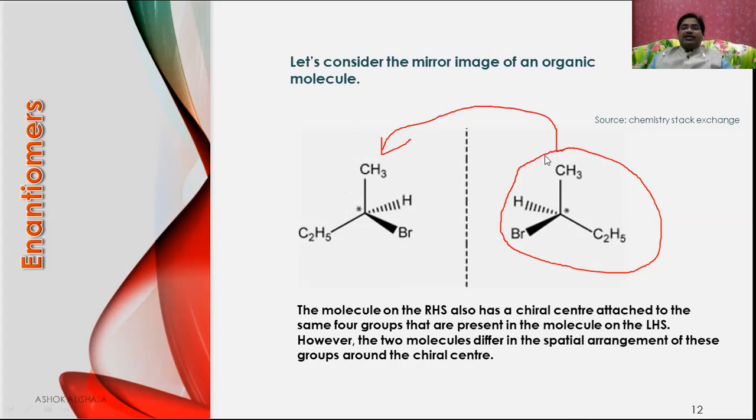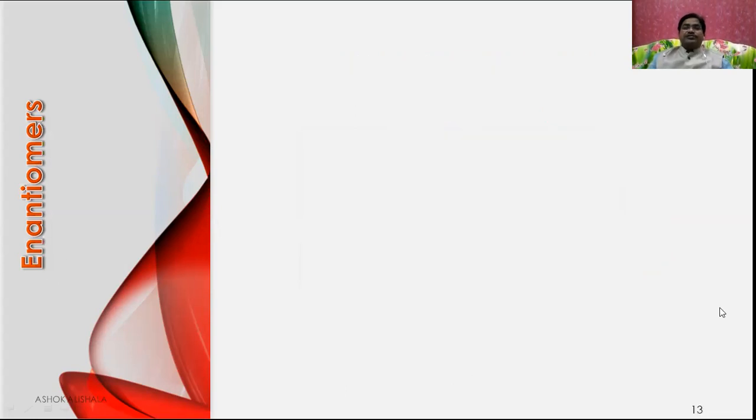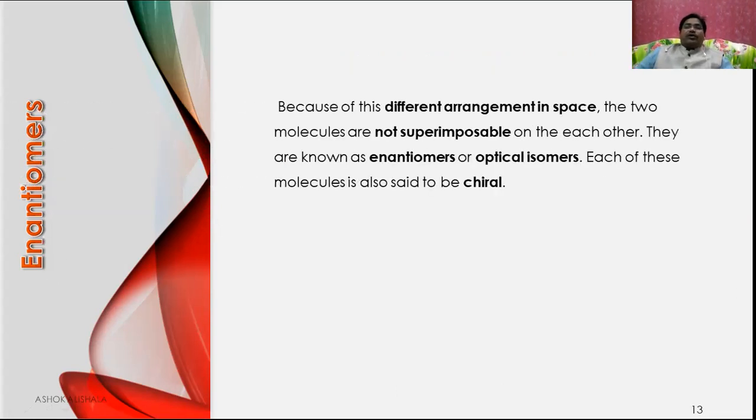That is, there is a difference in the spatial arrangement, and they are mirror images of each other. This is the mirror. This type of molecules, we call enantiomers. Because of this different arrangement in space, the two molecules are not superimposable on each other. They are known as enantiomers or optical isomers. Each of these molecules is also said to be chiral.